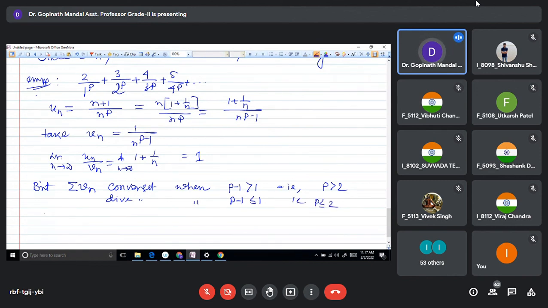That means the given series is convergent if p greater than 2, and divergent when p less than or equal to 2.